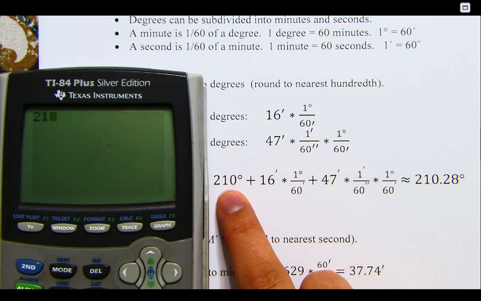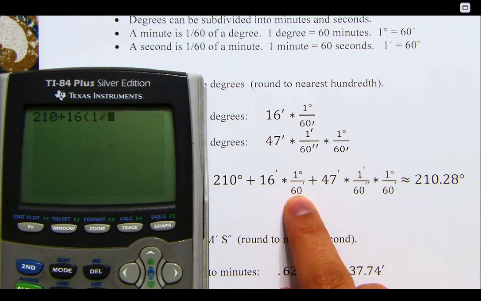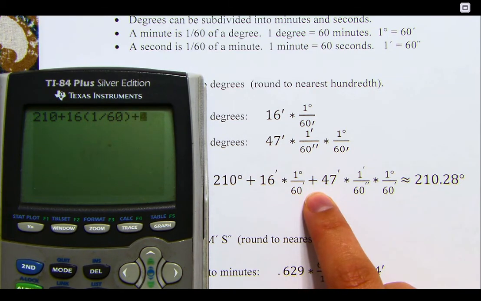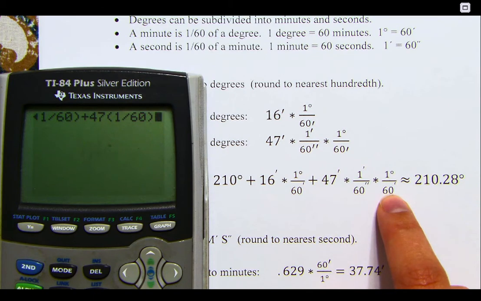So 210 plus, and then 16, and then I'm going to use the parenthesis, and I'm going to put this fraction in, so 1 divided by 60. And then we're back to adding, so 47, and then times 1 divided by 60. Again, I'm putting that in parentheses, and then I need a second set of parentheses for the next 1/60th. Okay. And then we're just going to press enter.